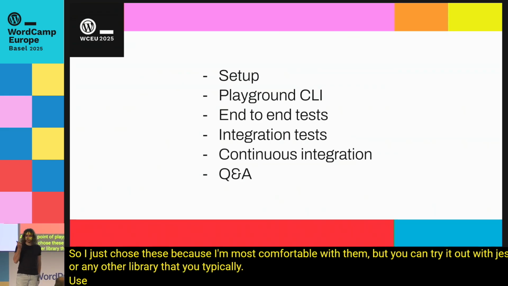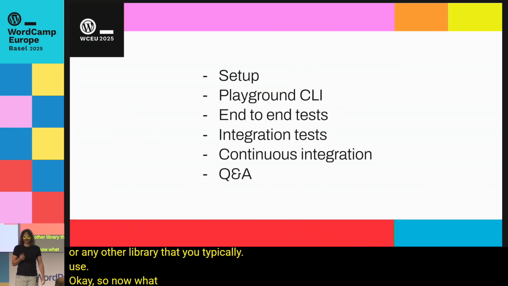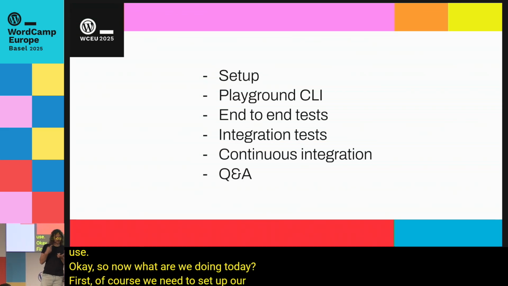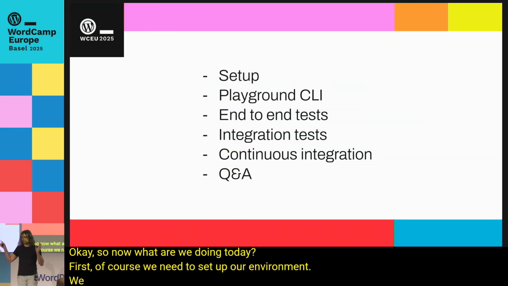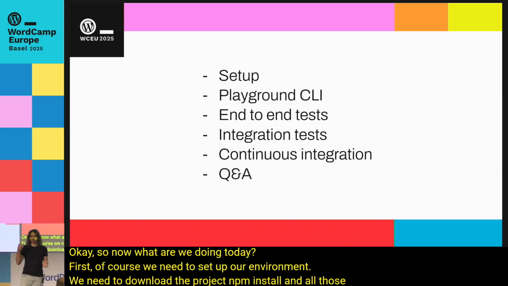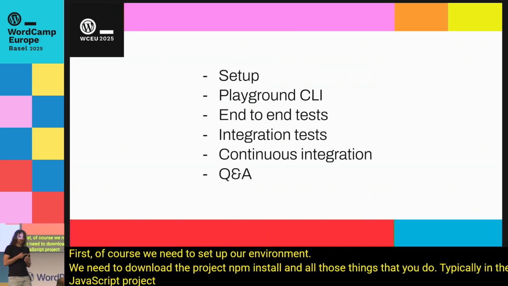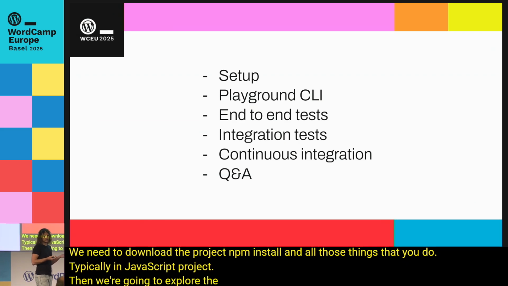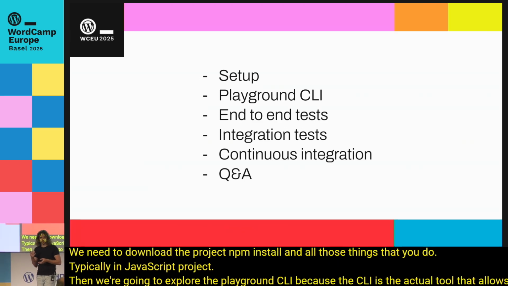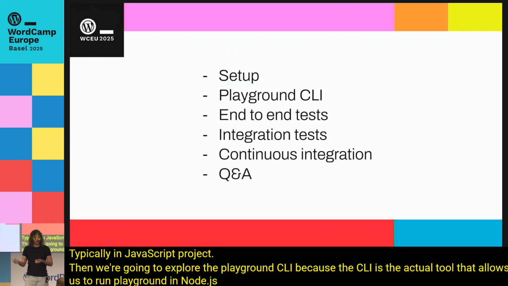OK, so now, what are we doing today? First, of course, we need to set up our environment. We need to download the project, npm install, and all of those things that you typically do in a JavaScript project. Then we're going to export the Playground CLI, because the CLI is the actual tool that allows us to run Playground in Node.js under the hood.